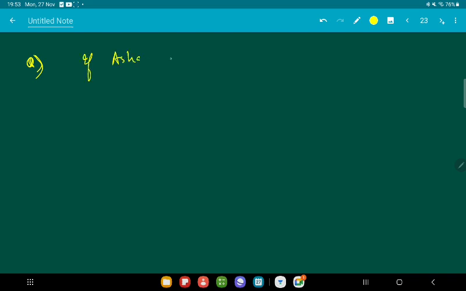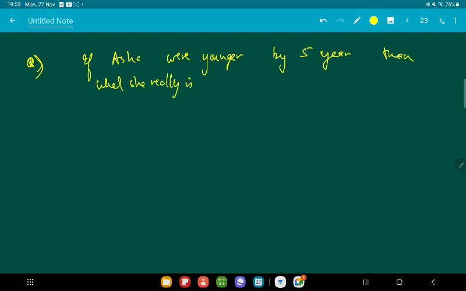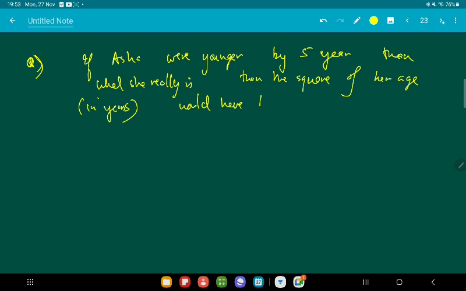If Asha were younger by 5 years than what she really is, then the square of her age in years would have been 11 more than 5 times her actual age.